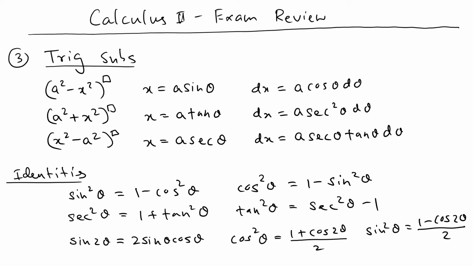So those are the kind of identities that we can use in this section. So you can see we can use most of them, if not all. So let's look at some problems, like three problems of each type.